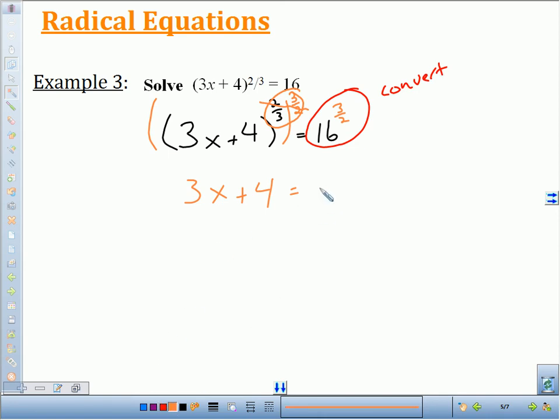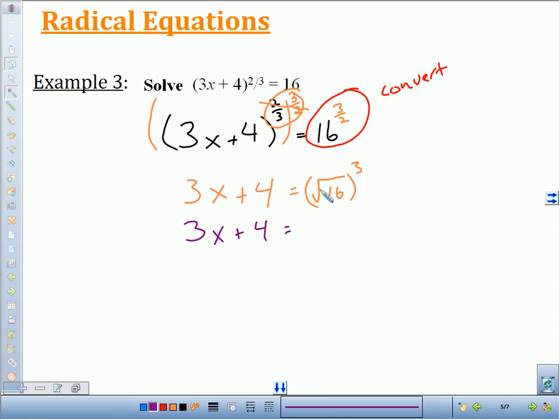When I convert this, you may remember the bottom number is the root. The top number is what we're raising it to. So we have the square root, because the bottom number is 2, of 16 raised to the 3rd power. And we can simplify this. It's actually not that difficult to simplify. 3x plus 4 isn't changing at all.